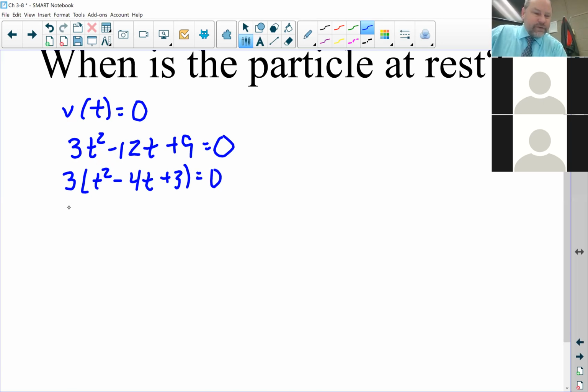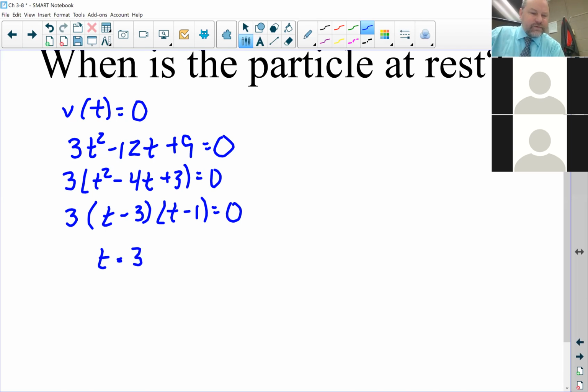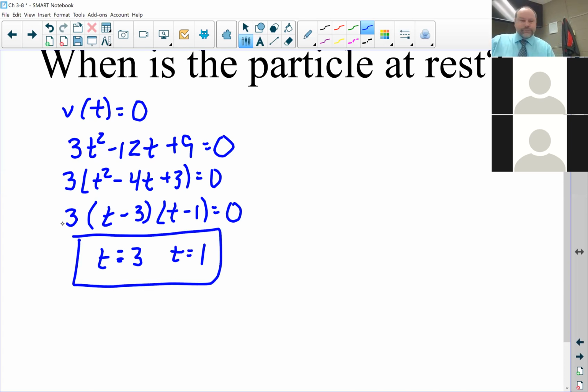And then flashbacks to algebra, factoring, finding two numbers that multiply to 3 and add to -4. And if we set each of those factors equal to 0, we get t equals 3 and t equals 1. Those are the times when our particle is at rest. Questions so far?